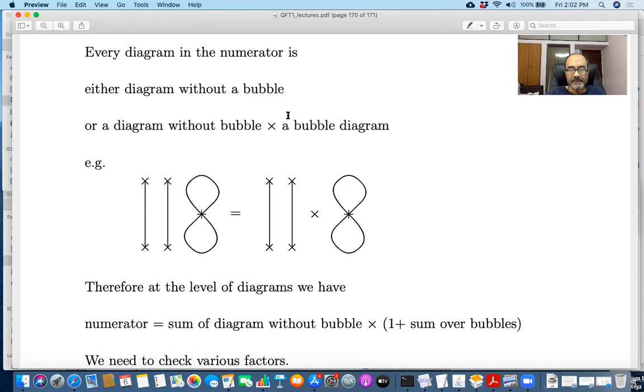It just means that you can think of a diagram without a bubble, and then separately there's a bubble sitting. I'm not claiming at this stage that the expression is actually this product. Then of course you'd be done, there would be nothing to prove. This is what you want to prove. But at least at the level of the diagrams, we can think of this formally as this, which has no bubble, and then the bubble.